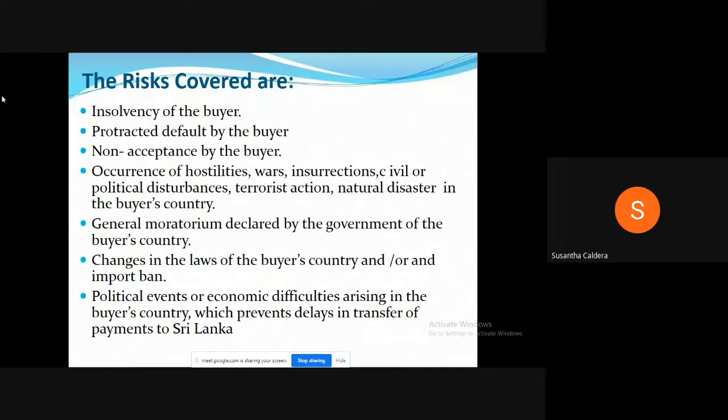The buyer wants to pay, but because of the restrictions in the buyer's country, they can't do it, right? Then changes in the laws of the buyer's country, and import bans, political events or economic difficulties arising in the buyer's country, which prevent or delay transfer of payments to Sri Lanka.